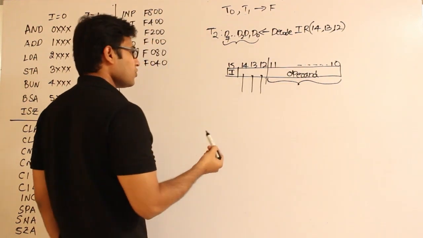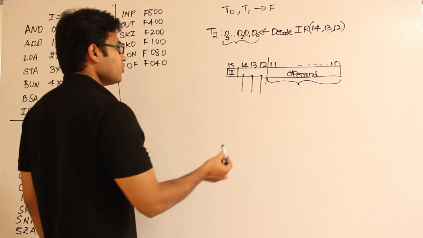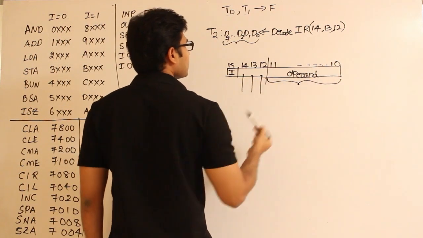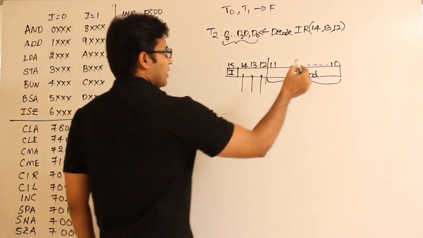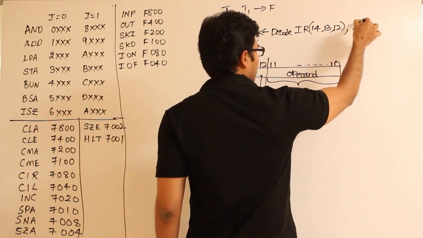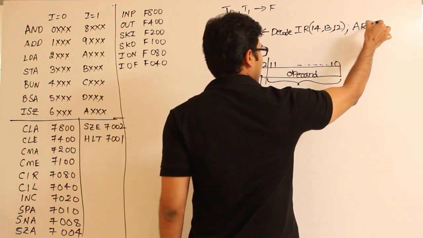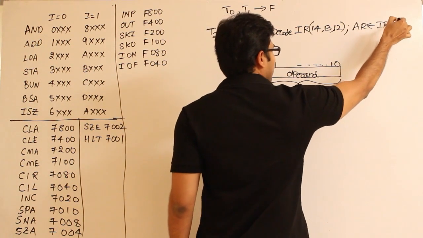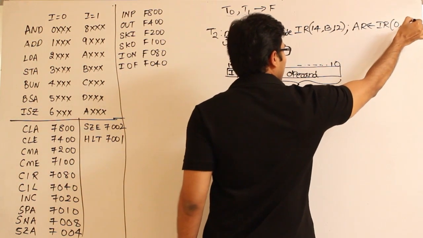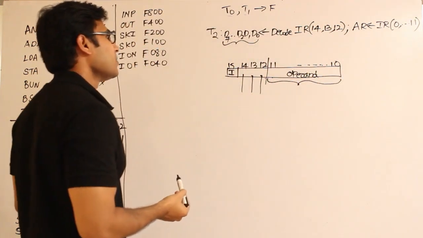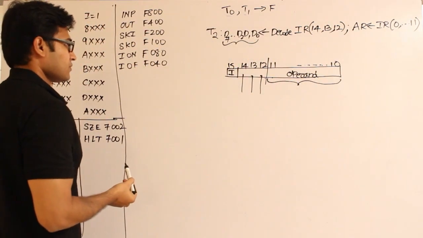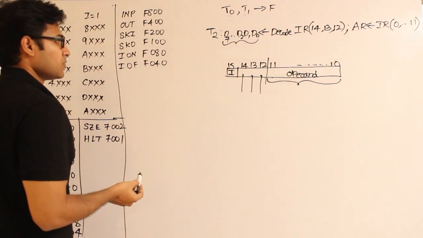So since we have to go to the memory, we have to move these 12 bits, the least significant 12 bits, into our register. So which register? Address register. Therefore, into the address register I am going to send bits 0 to 11. The least significant 12 bits are going to be passed into the address register, again through the bus only.